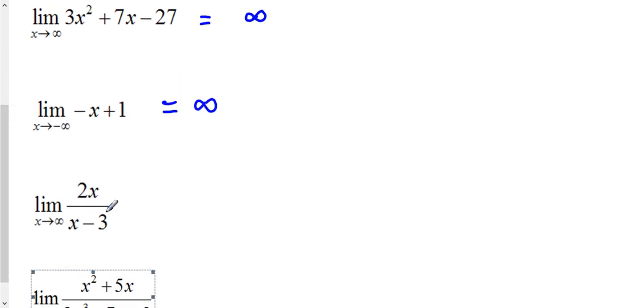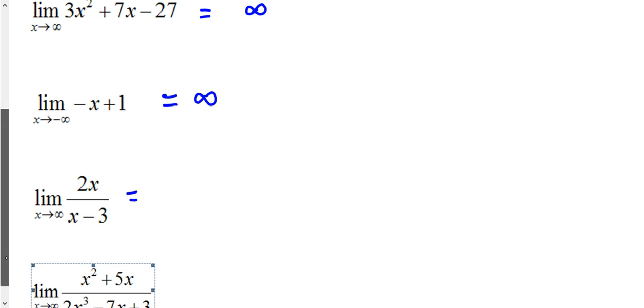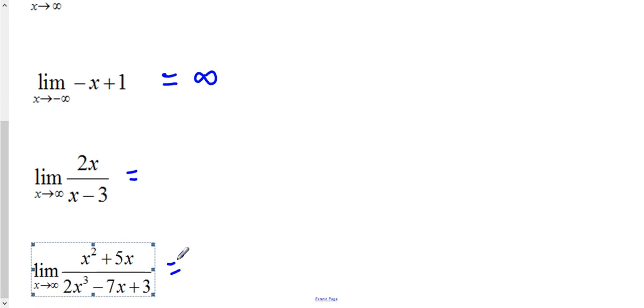Now, these are the situations where we have to think a lot deeper, because the top is going to infinity, and infinity minus 3, that 3 is negligibly small. The bottom is going to infinity. And before you even think about writing a 1 as the answer, stop. Infinity over infinity is not 1. We call this indeterminate.